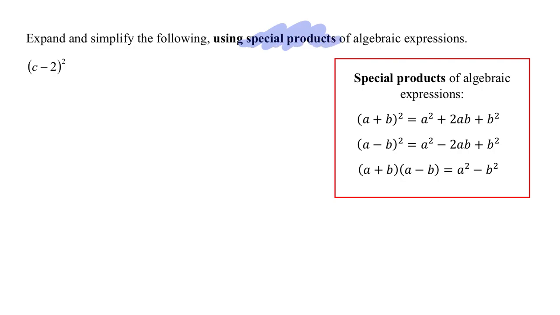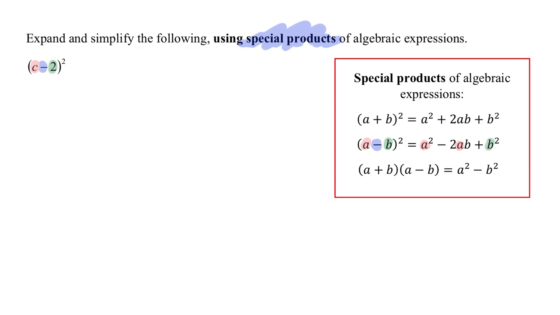I must first choose the correct special product. I see (c − 2)², so I'm going to choose (a − b)². And later on, you will see that I will substitute all the a with my letter c, and b with my number 2.